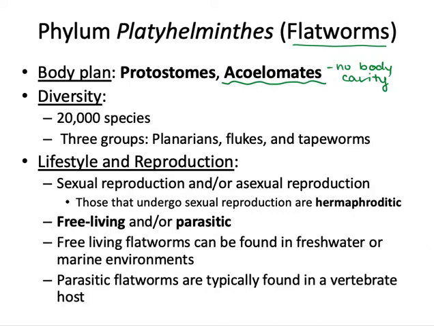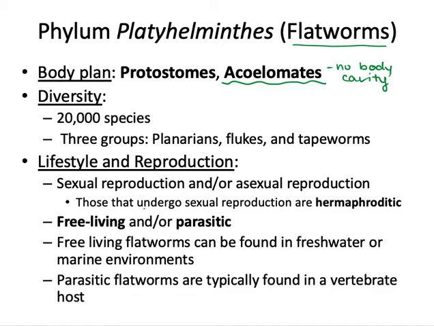So for lifestyle and reproduction, our species can undergo sexual reproduction, but some of them do have asexual reproduction. Our example will be the planaria. They can reproduce asexually by something called fission.